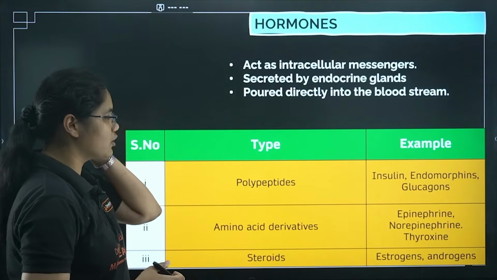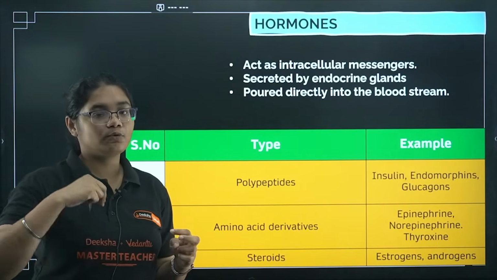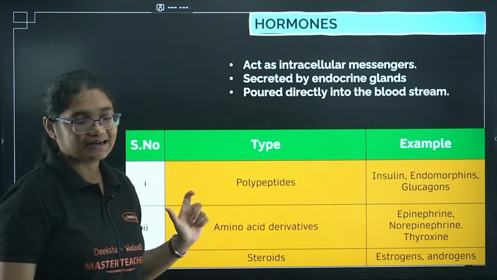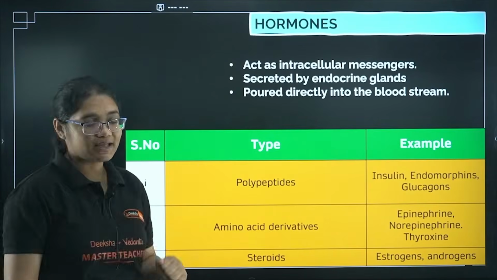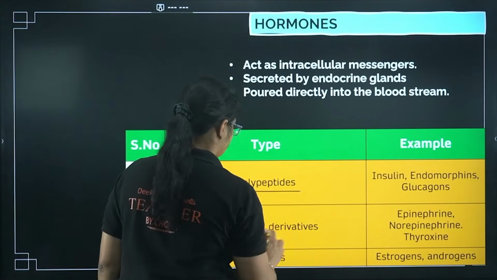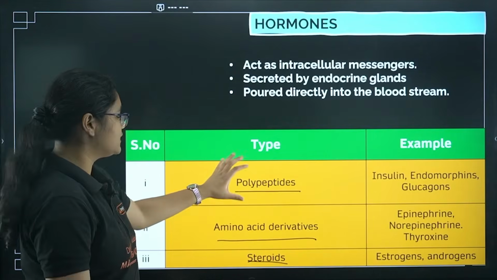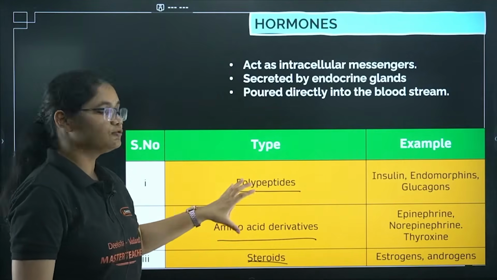First one is, what are hormones? They are intercellular messengers, meaning they are directly poured into the bloodstream. Okay, and they are secreted by endocrine glands. And what are the types of hormones we have? We have first of all polypeptide, amino acid derivatives and steroids. Okay, these are three categories of hormones we have.